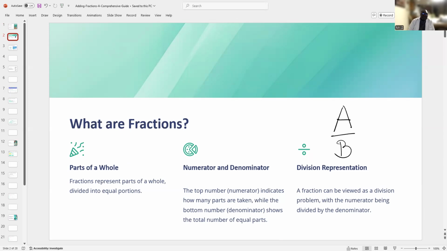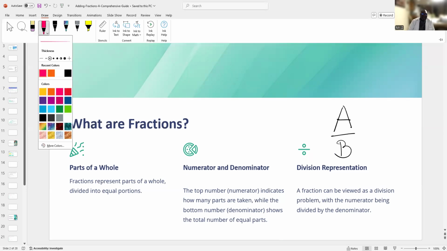All right, let me use a red one. If I'm using A over B, a fraction, the top number is what we call a numerator. The numerator indicates how many parts are taken.